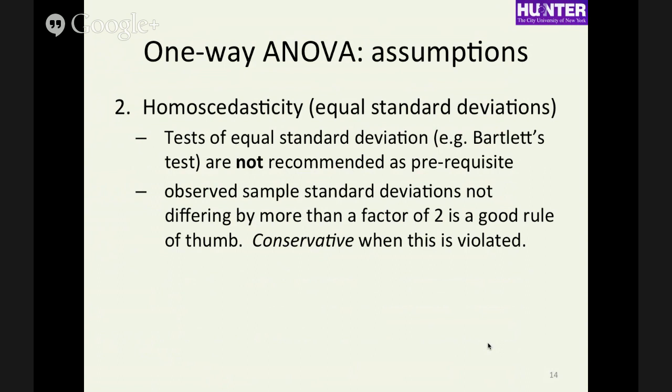But you can just look at the standard deviations, you can calculate them, and if there are no differences greater than 2, then again, it's not a big deal. If they are extremely different, then you might need a different method, again, a non-parametric method. But again, the test is conservative when this is violated. So it's a very safe test to do. It's a nice property.